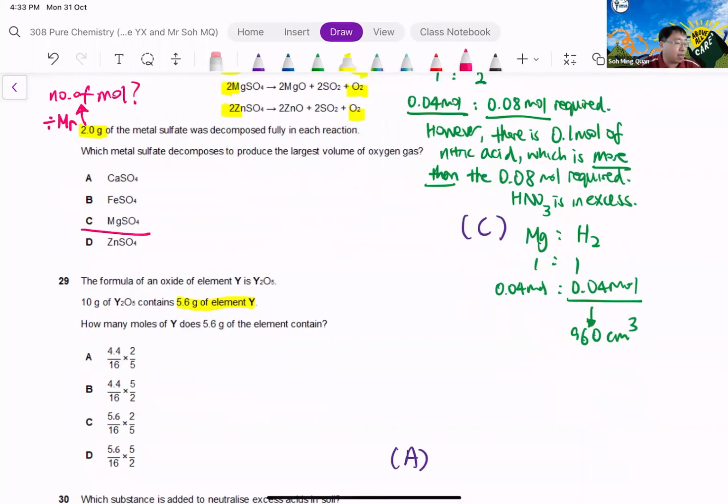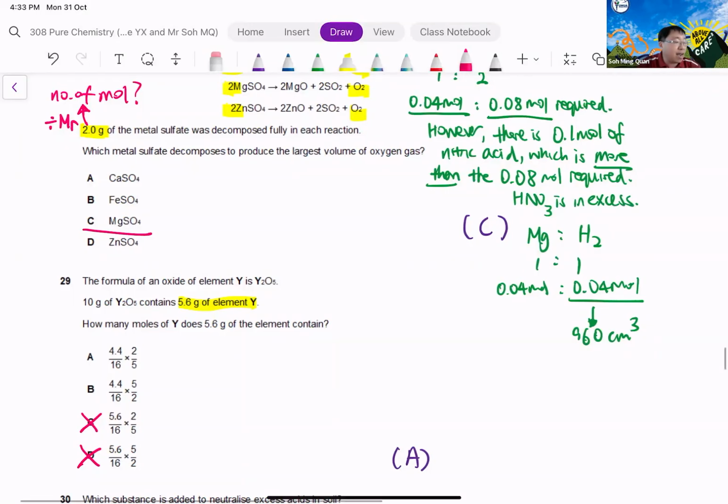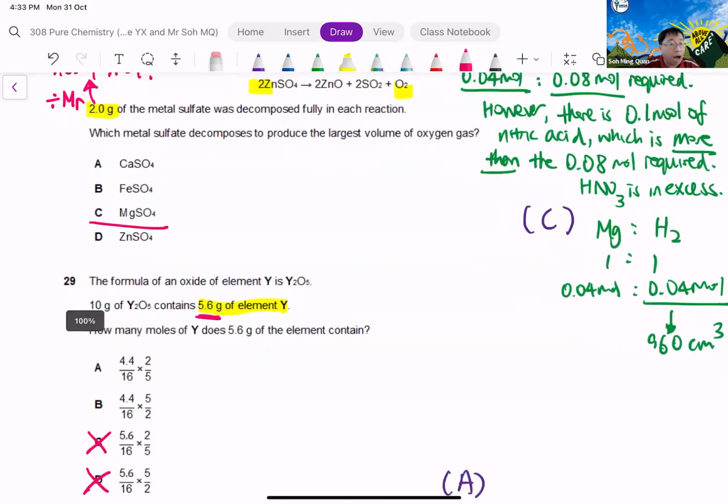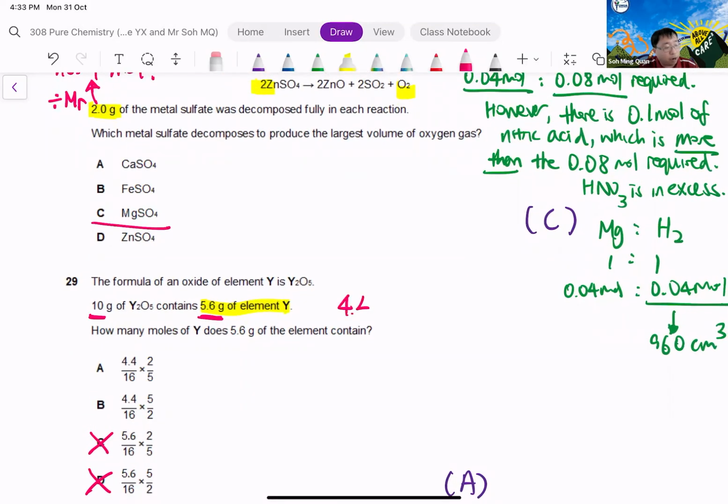If you don't know what Y is, you can never use 5.6 grams in your answer. You don't know Y, but you know oxygen. If 10 grams of the oxide contains 5.6 grams of element Y, this means that 4.4 grams is oxygen. 10 grams minus 5.6 is equal to 4.4. 4.4 grams is due to oxygen.